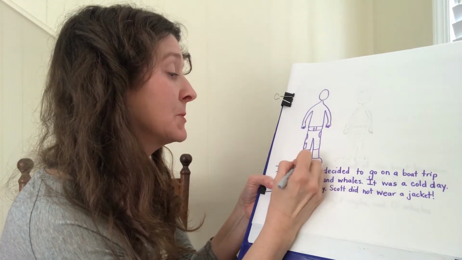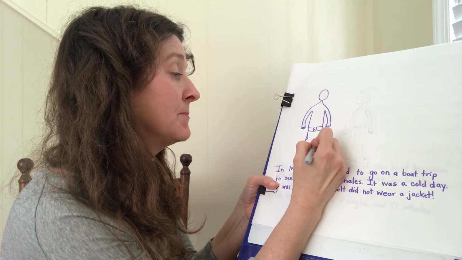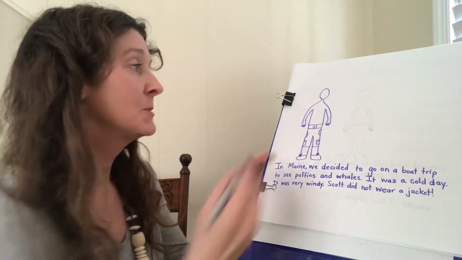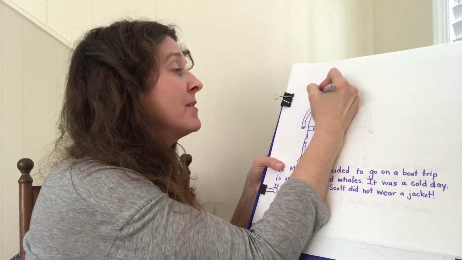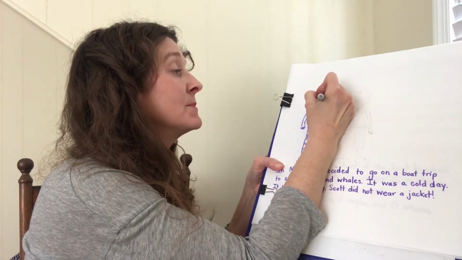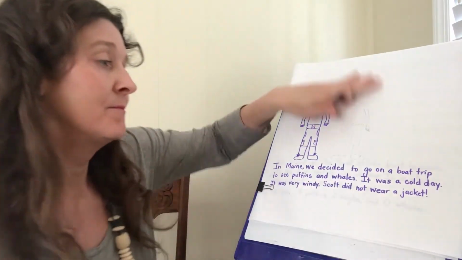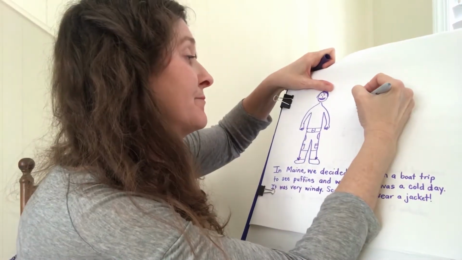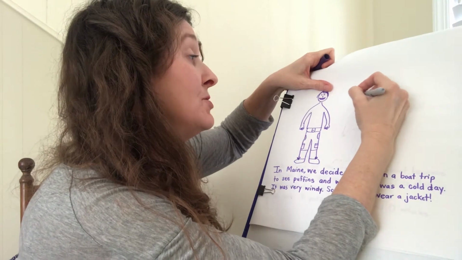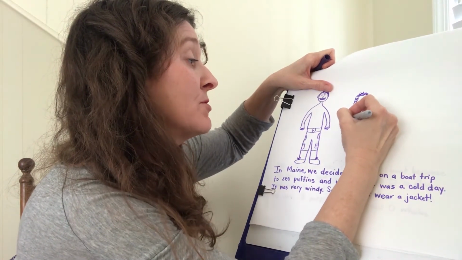Those are his shorts. Socks, sneakers, and the pockets. Now I think I'll add his face. At the beginning of the trip, Scott was pretty happy too. Now I'll draw myself. I knew it was going to be cold, so I made sure to wear a jacket that day.